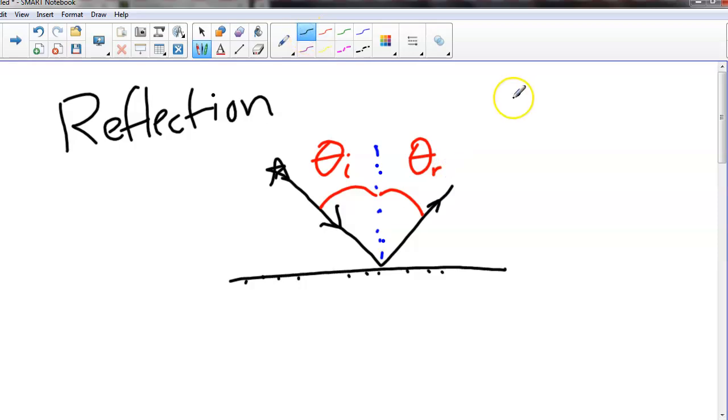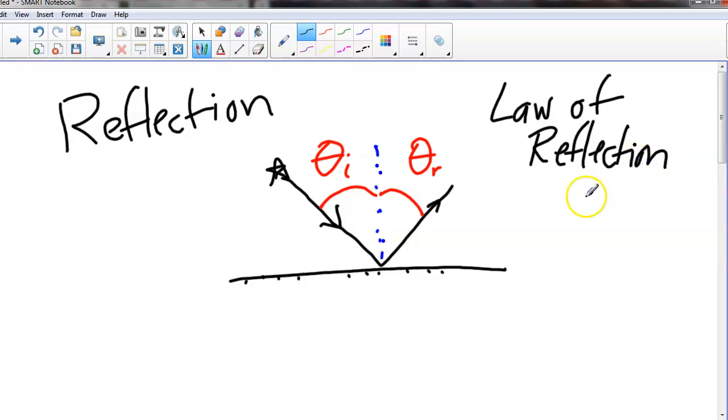This is the law of reflection. The law of reflection just says that the angle incident is equal to the angle reflected from the normal, right? Don't forget that, from the normal.